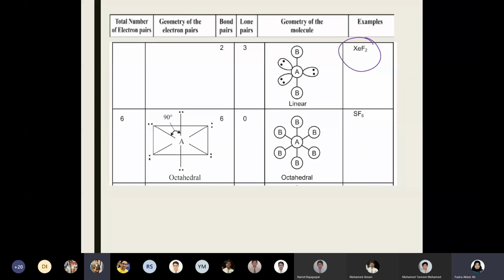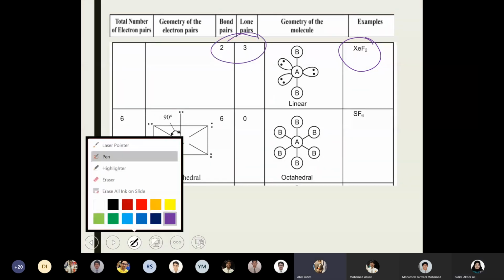Okay, ma'am. For XeF2, the atomic number of Xe is 54, so in the valence shell there will be 8 electrons. While drawing the structure, 8 valence electrons are drawn, and 2 are shared with fluorine. That means bond pairs will be 2 and lone pairs will be 3.